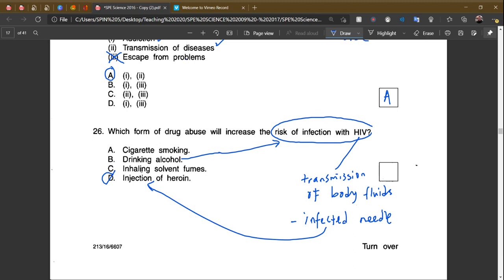Inhaling solvent fumes, not really, because that one will go to your respiratory system. Again, injection talks about your blood, which can be transferred through an infected needle. Therefore, this is the best choice for this question.